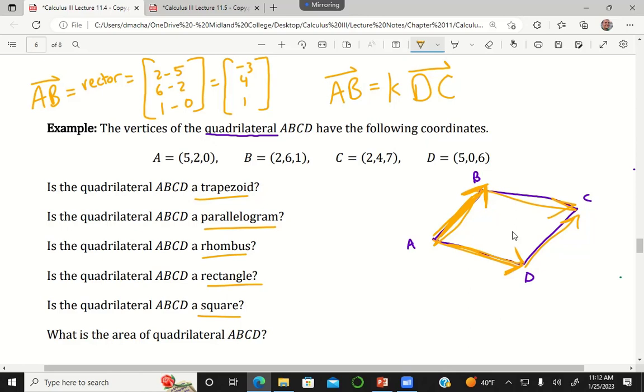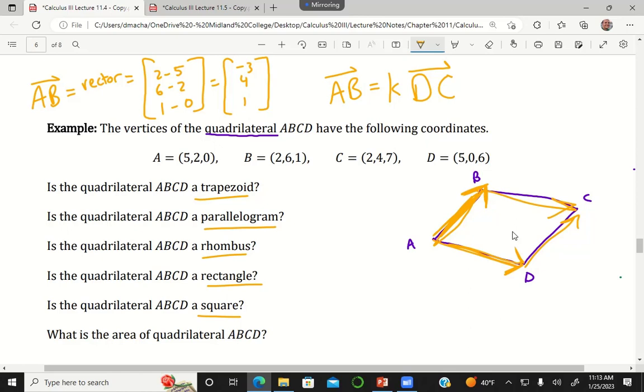So they should be equal or scalar multiples, if I'm asking, is the vector AB parallel to the vector DC? It depends on which question we're asking. But if I start with asking, is it a trapezoid, I have to see, is this vector AB parallel to DC? And if yes, then this is at least a trapezoid, because I have one pair of parallel sides.